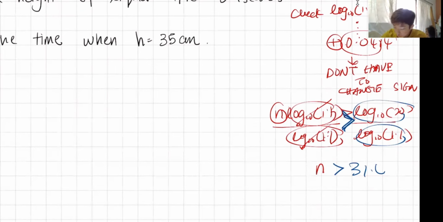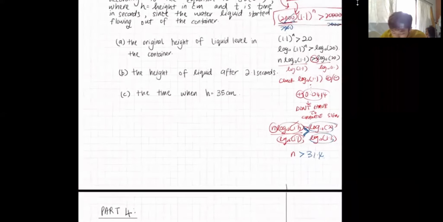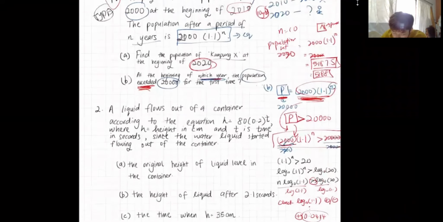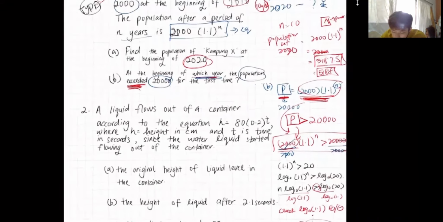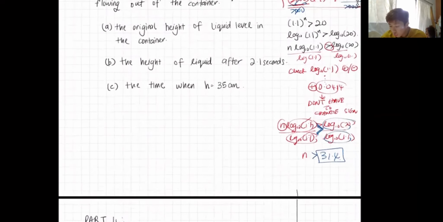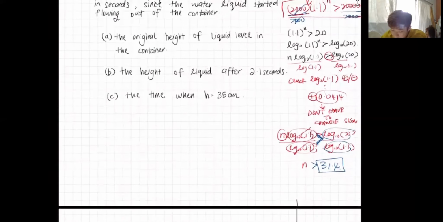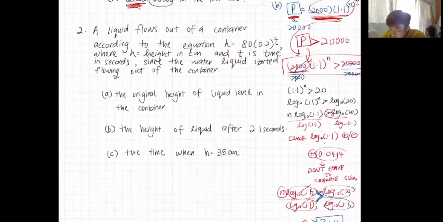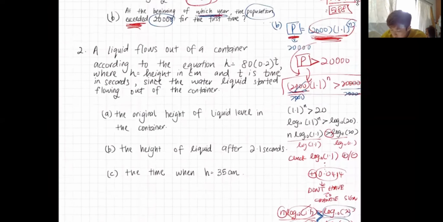31.4. I have to write down the answer first. So the question is asking, in which year? So you cannot say 31.4 years later. They want a year, they don't want the 0.4. It's basically the whole number. So it started from 2010, right?